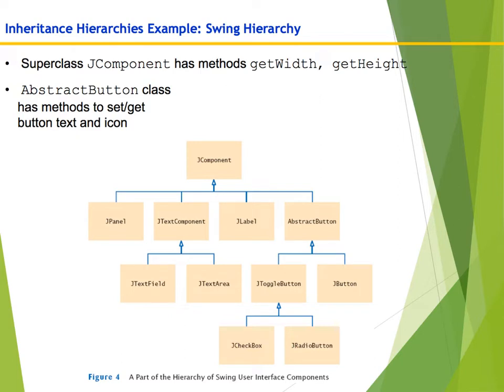So as you see, when you construct the diagram for all the inheritances in different layers, we create a tree in which JComponent is at the root of the tree, and we have different layers of inheritance in this tree.